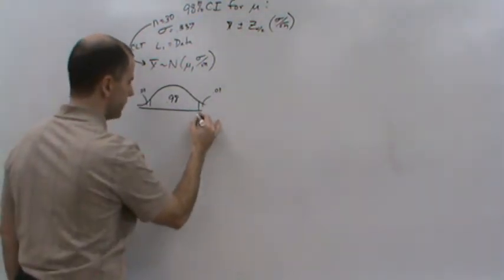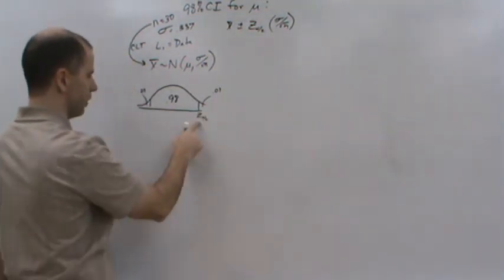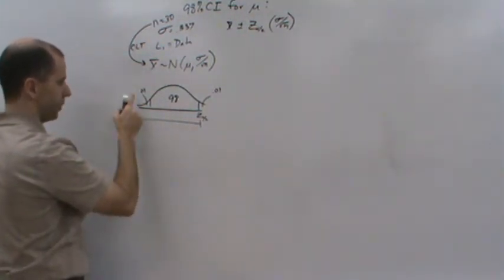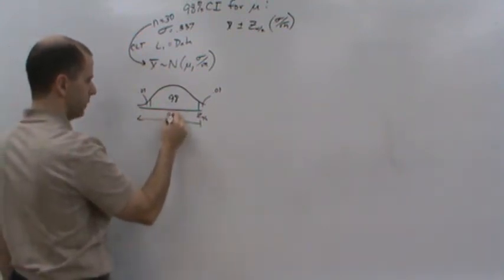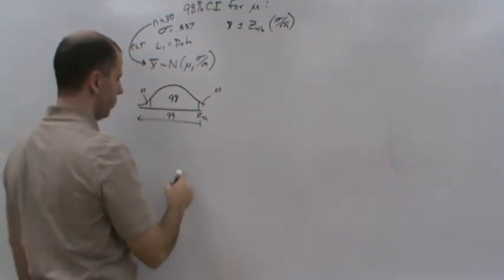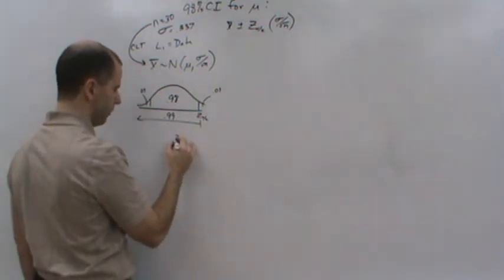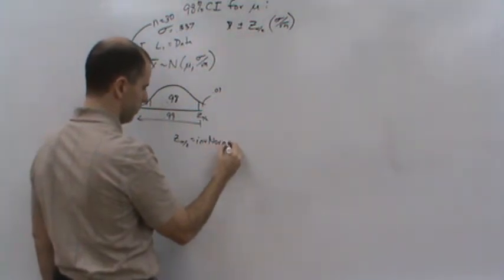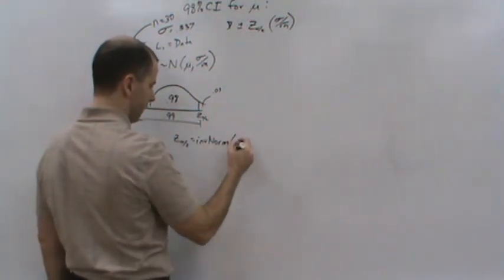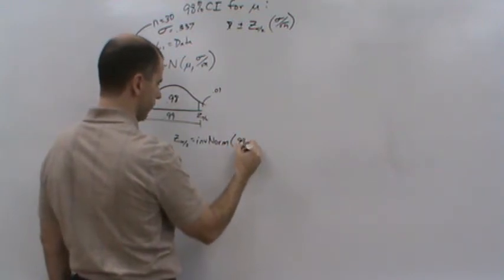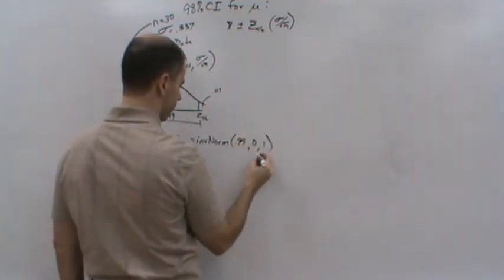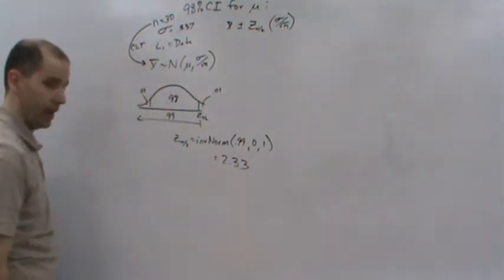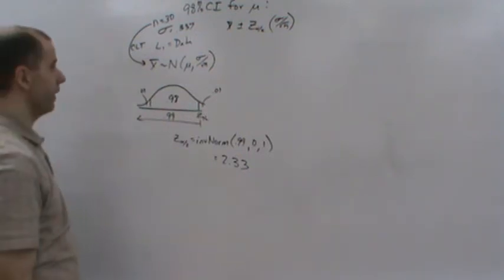So now my z alpha divided by 2 is this critical value, so the area to the left is 0.98 plus 0.01, 0.99. And so if you use the table or use inverse norm, you're going to put in 0.99, comma 0, comma 1, and that's going to give you 2.33 for your critical value. And then you just plug and chug.